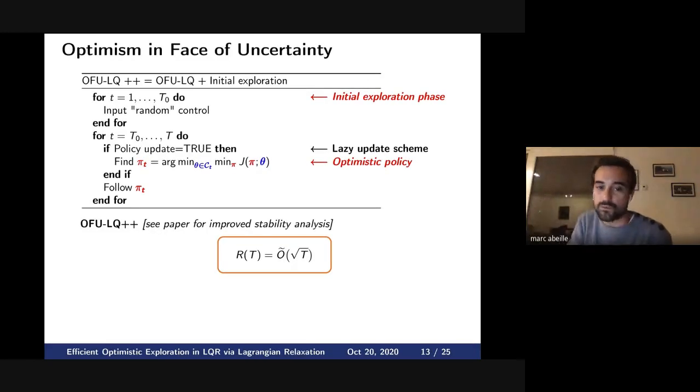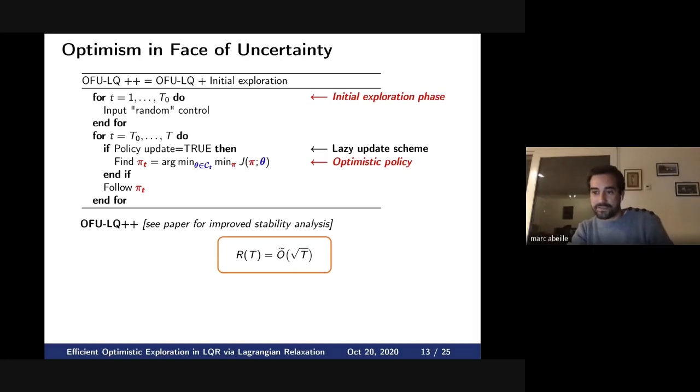We call this algorithm OFU-LQ++, but the contribution is not at the algorithmic level, because it's simply merging the now commonly used initial exploration with the previous OFU-LQ algorithm. The contribution is on the analysis. Building on Lyapunov stability theory, we can carefully tune the length of the initial phase and guarantee optimal scaling for the regret with respect to T, and really close to optimal scaling with respect to problem-dependent quantities. And so, in some sense, it indicates that optimism in face of uncertainty may be the right way to go.